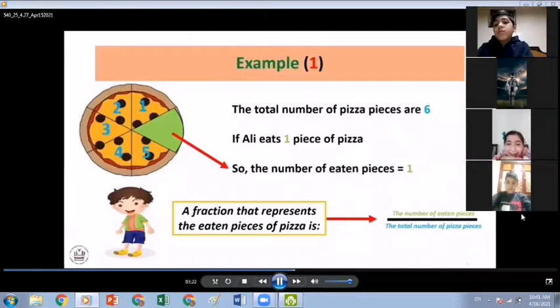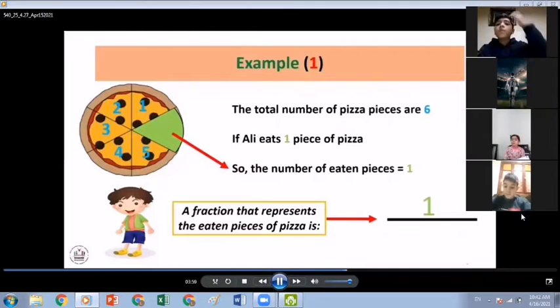The numerator must be up and the denominator must be down, below the numerator. They are separated by the fraction line. 1 over 6 or 1 out of 6 or 1/6 is the fraction that represents the eaten parts of this whole pizza.